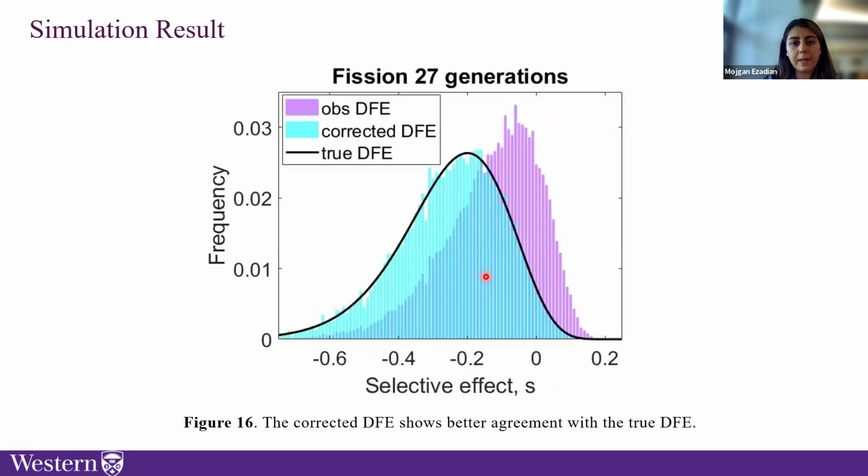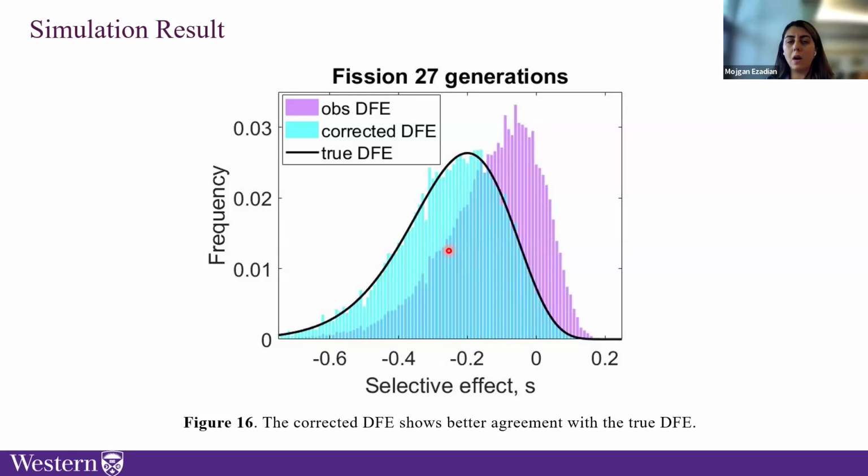After applying our corrections to the model, the corrected DFE, in the blue histogram, shows a very good agreement with the true DFE. These are for fission distributions, 27 generations.